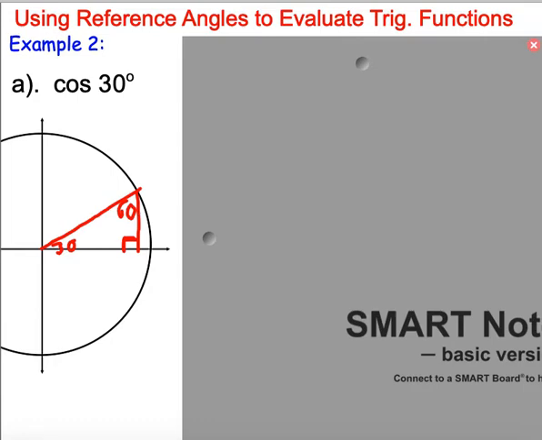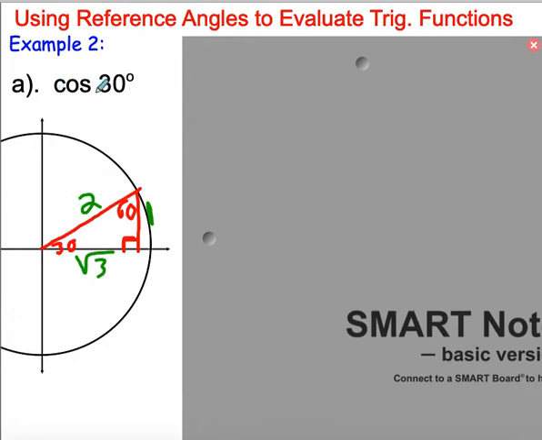Now remember, I told you x would be 1. So the side opposite of 30, the smallest side, is going to be 1. The side opposite of 60 is square root of 3. And this is going to be 2. Okay? So cosine of 30, now basically you plug in, cosine is basically a function.